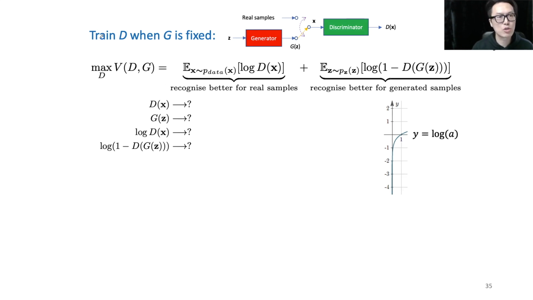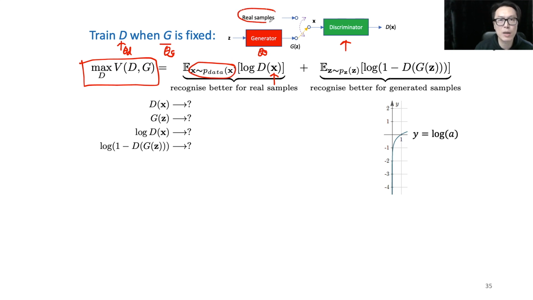Okay, and now take a look at this one. We are going to train the discriminator when G is fixed. That means we are going to fix theta g, that is theta g right here. We are going to adjust theta d so that we maximize the cost. Take a look at this bit first. This is the expected value of log D(x), where x is drawn from the real distribution.